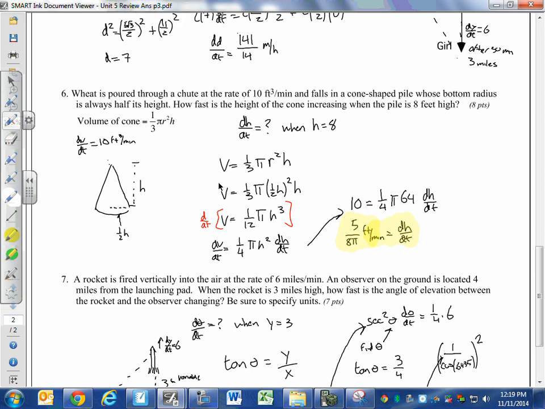The answer is 5 over 8 pi, or 0.199 feet per minute. Make sure you can get that.